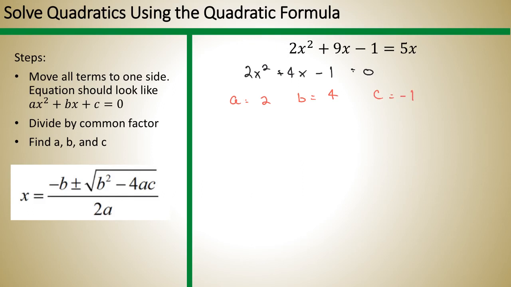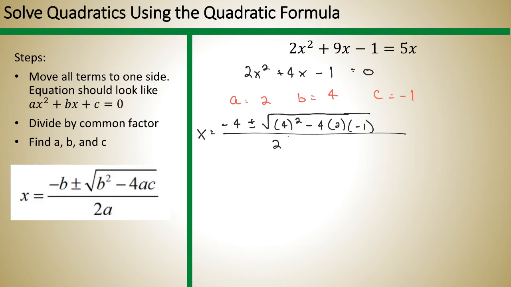So plug those things in, and I get x is equal to negative 4 plus or minus the square root of 4 squared minus 4 times a times c. And then all that's over 2 times a. Okay, so now simplify it.